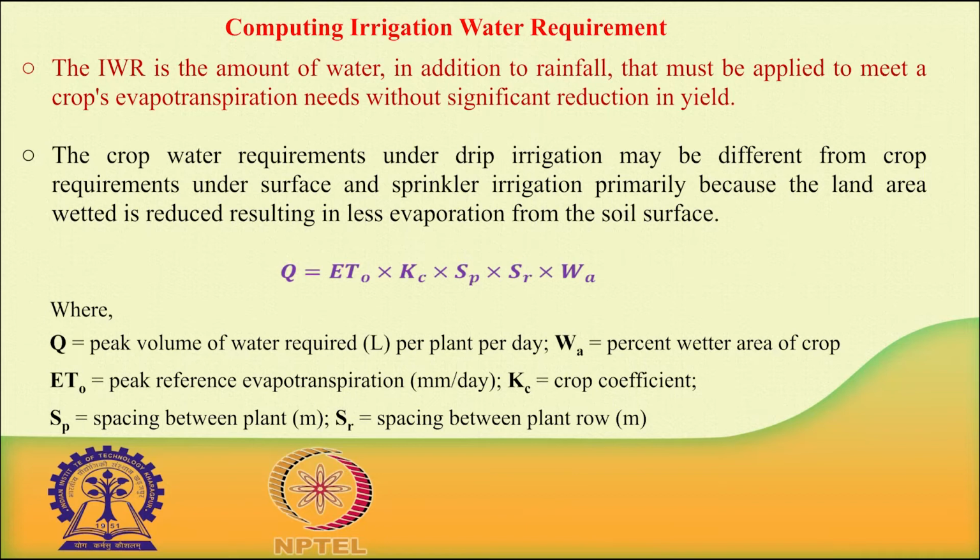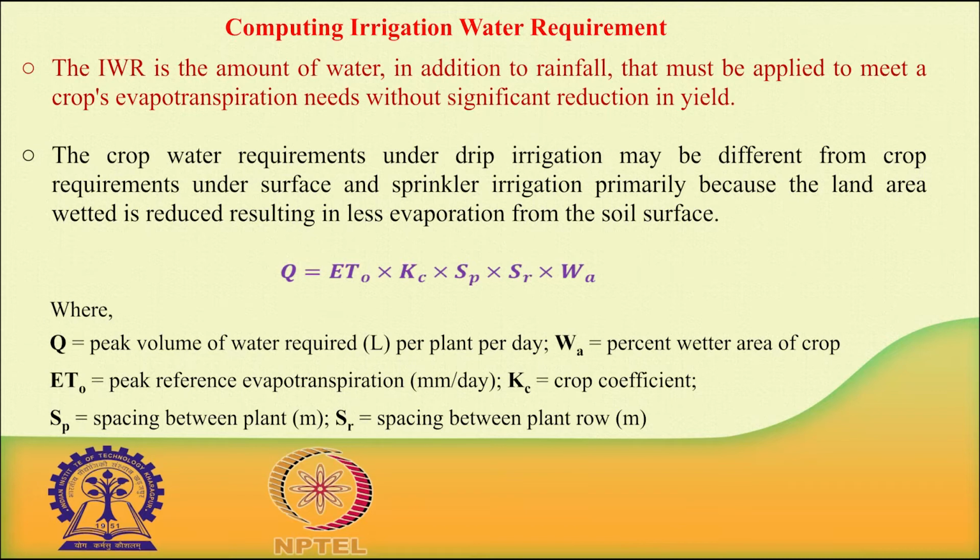So, crop water requirement under drip irrigation will vary with the different crops. Under surface and sprinkler irrigation, primarily the land area wetted is reduced, resulting in less evaporation from the soil surface.